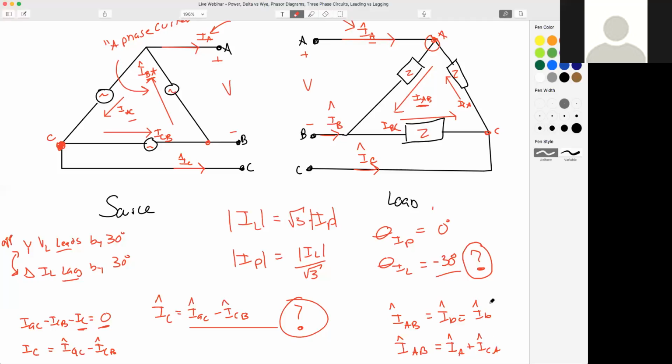Since these two currents right here, IA and ICA, are entering this node, we can set it equal to the only current leaving that node, which is IAB. Okay. Everyone good with these two right here? You'll notice that the relationships are different between the source and the load. So anytime you're asked to do this, you have to derive it on the spot.